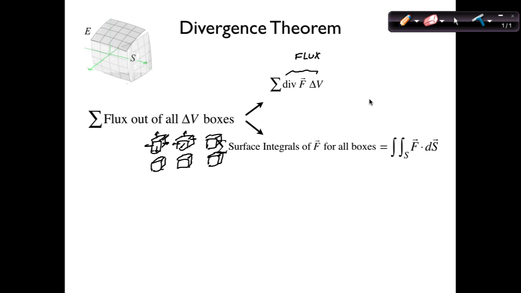So we can add up all the flux of the individual boxes. That's the first one up there. Or to do those fluxes, we can do the surface integrals of all the individual ones, and we get all the cancellation effect, and then we end up with the surface integral of the whole outside of that thing, which is surface integral over capital S. So then these two are equal.